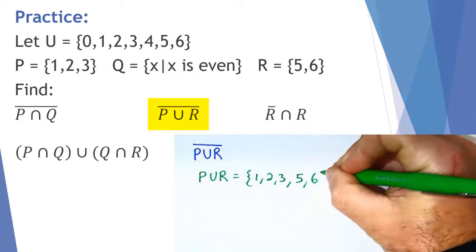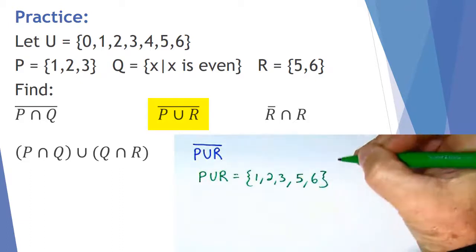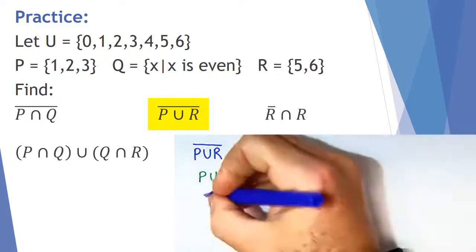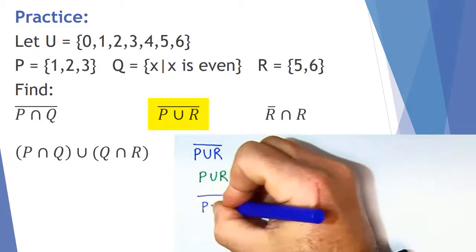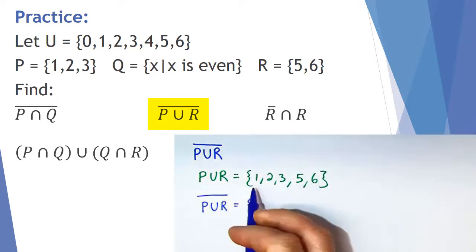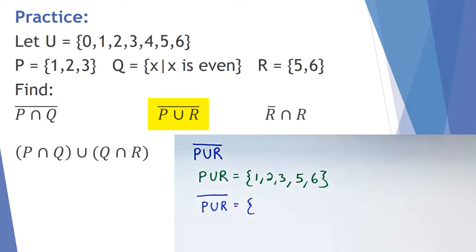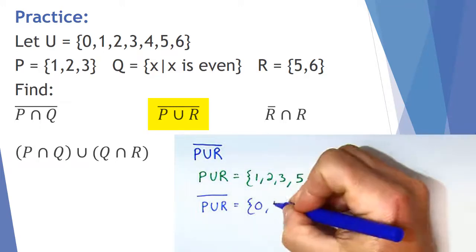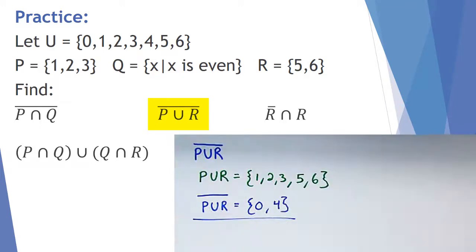And so P union R will consist of 1, 2, 3, 5, and 6. But of course, we want the complement of P union R. So that'll be all the numbers in our universe that are outside of P union R. And so that'll consist of 0 and 4. And there's our set.